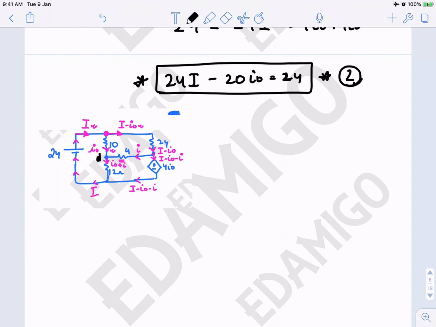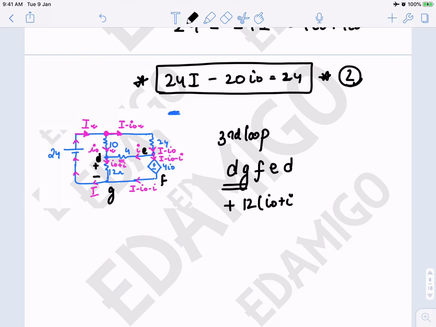So this was D terminal, this is E, this is F, and this is G. So the third loop is D to G, G to F, F to E, and E to D. Now D to G, since I'm entering from the positive terminal and current is going from top to bottom, plus is at the top. So plus 12 into I naught plus I.